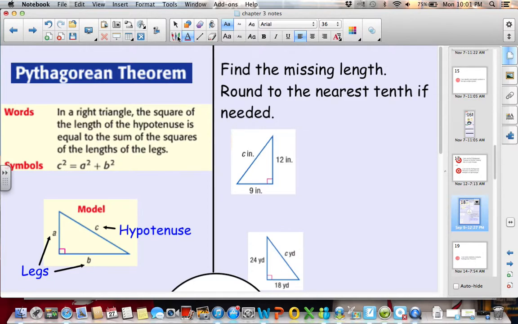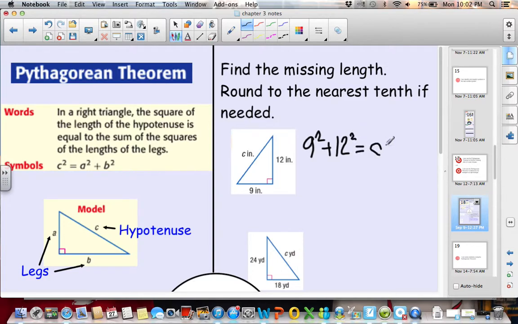I like to write it as a squared plus b squared equals c squared. So one of my legs is 9, so I have 9 squared plus 12 squared equals c squared.